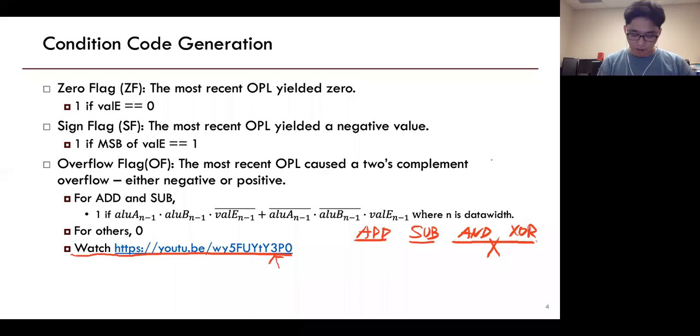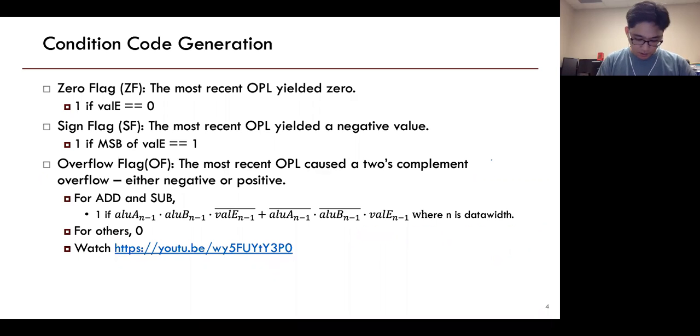But here we have a Boolean equation for both add and sub, for detecting this overflow. The overflow flag is set if this Boolean equation is true. Let's try to understand this Boolean equation.